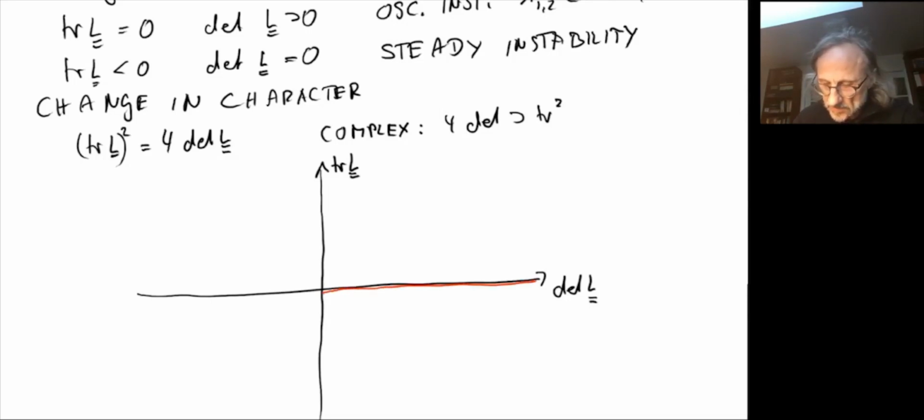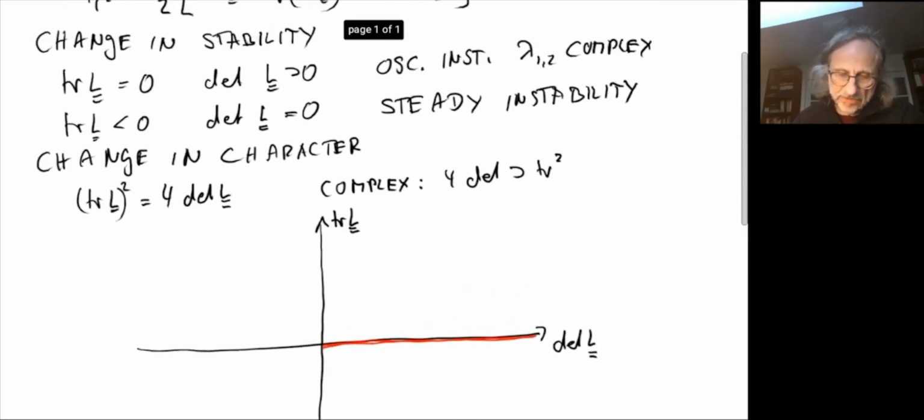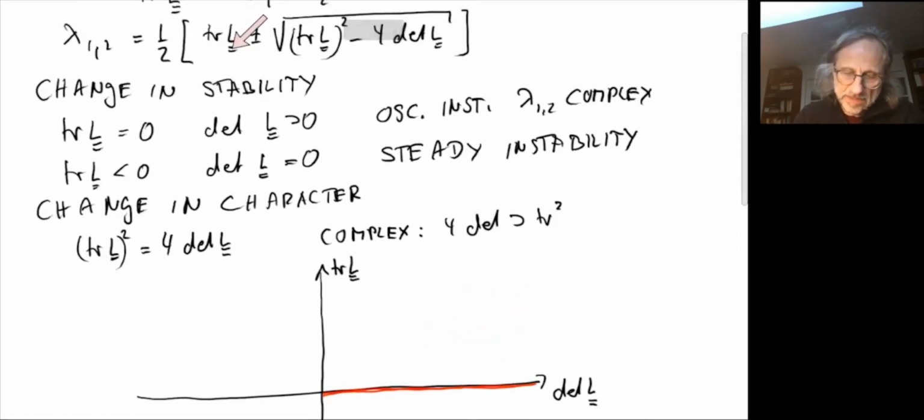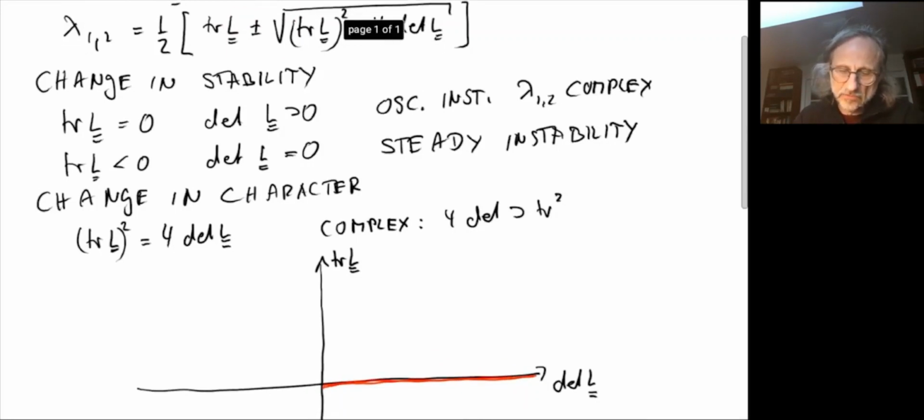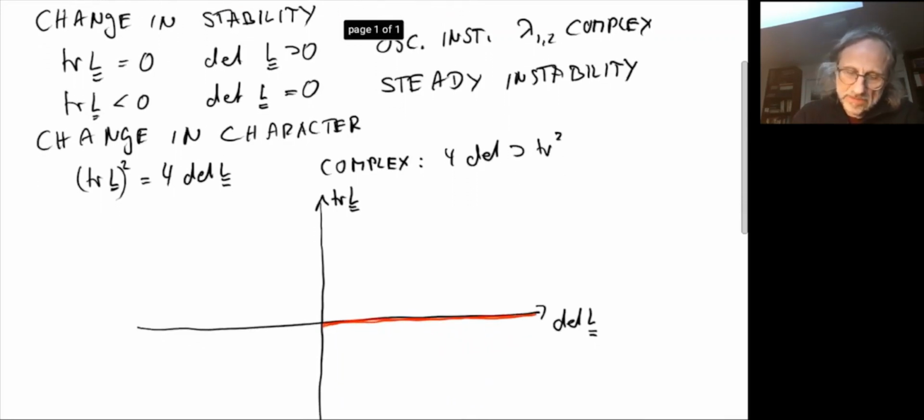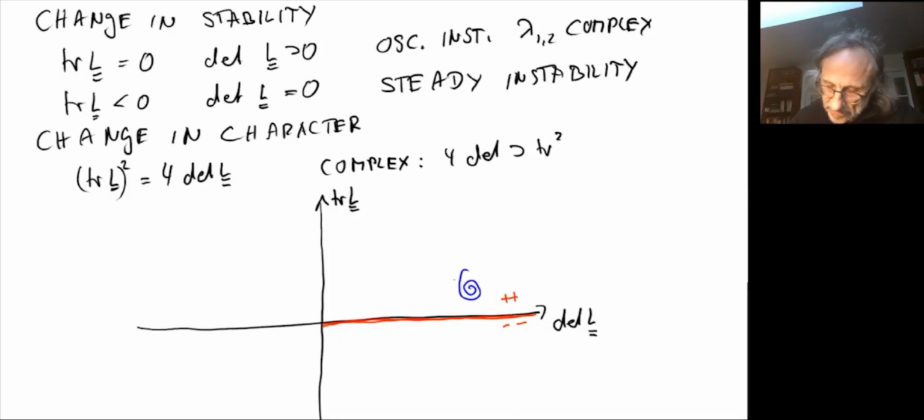So this is when we have an oscillatory instability. More specifically, when the trace is positive, both of these eigenvalues have positive real parts, and that means we have an unstable spiral. When it's negative, we have a stable spiral. So we can actually draw that. Let's draw them. Here we have an unstable spiral, and here we have a stable spiral.